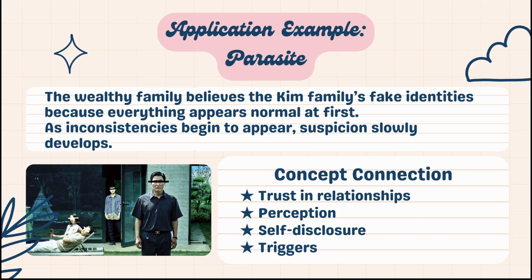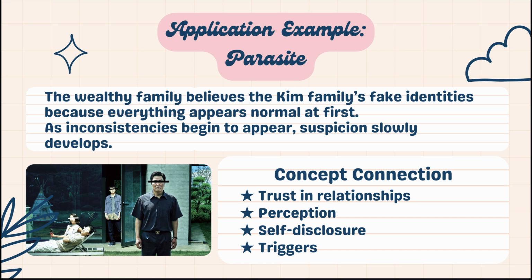Our application example is the movie Parasite. The wealthy family believes the Kims' fake identities because everything appears normal at first. As inconsistencies begin to appear, suspicion only then develops. This directly connects to truth default theory because the family is operating under a truth default state. They're not actively searching for these deceptions, so this is why the lies continue successfully.